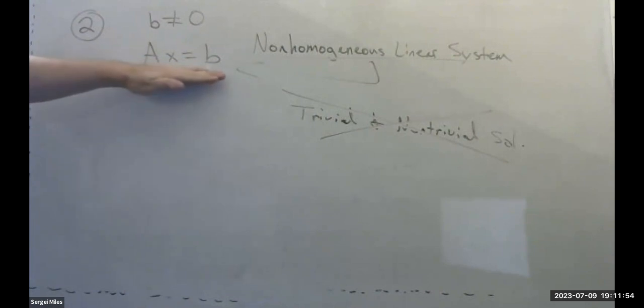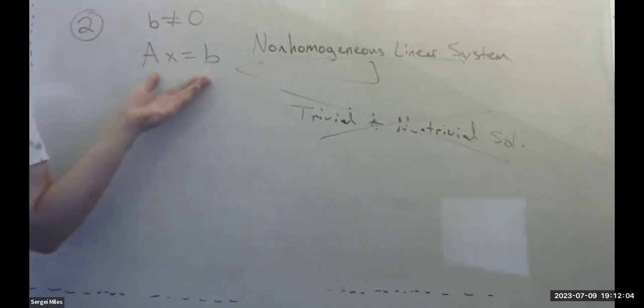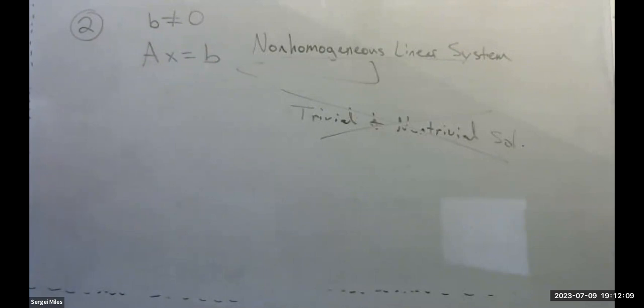There is no such thing as a trivial solution for a non-homogeneous equation. So if you're working through this on a test or one of the homeworks, and you say, oh yeah, here's this matrix equation, it has such and such non-trivial solution, that would be wrong, and you will lose points for that. So you want to be clear on the vocabulary here. If nothing else, linear algebra is very particular about what vocabulary is being used, right?